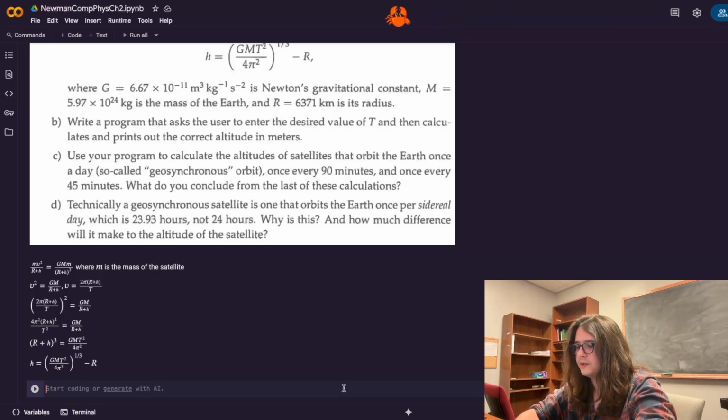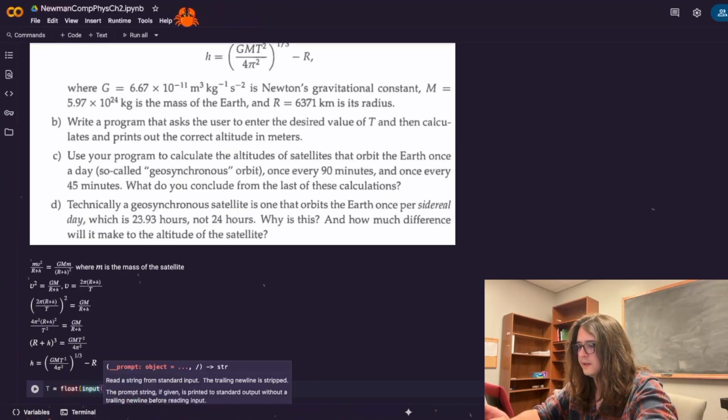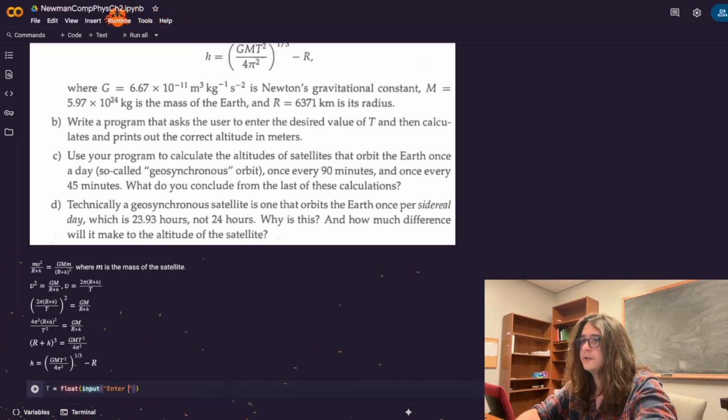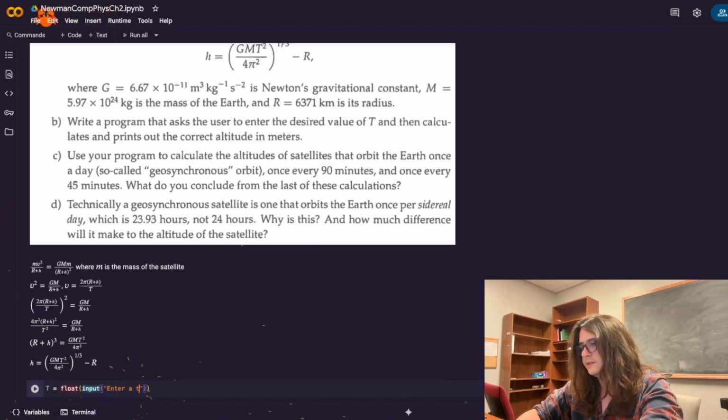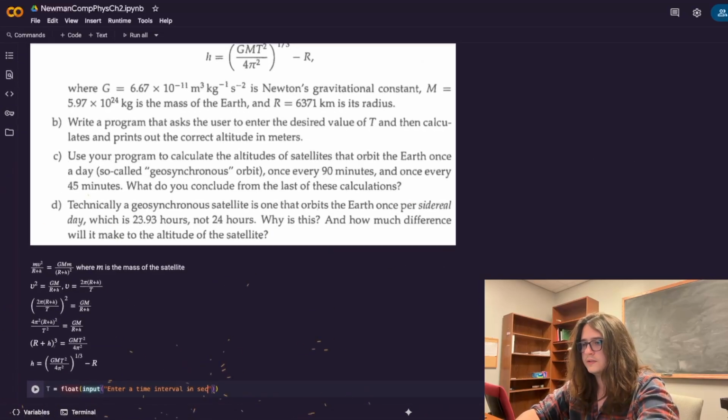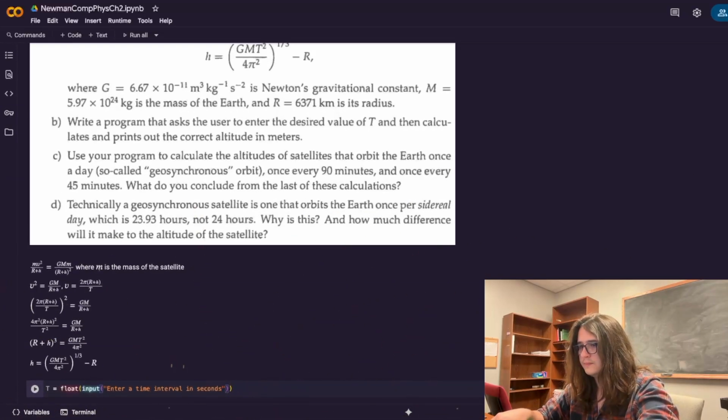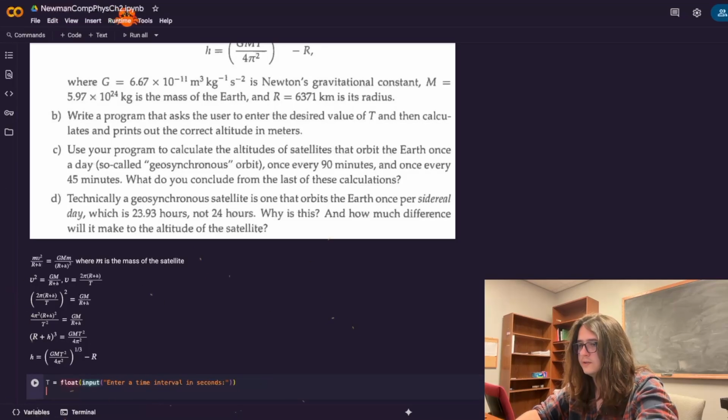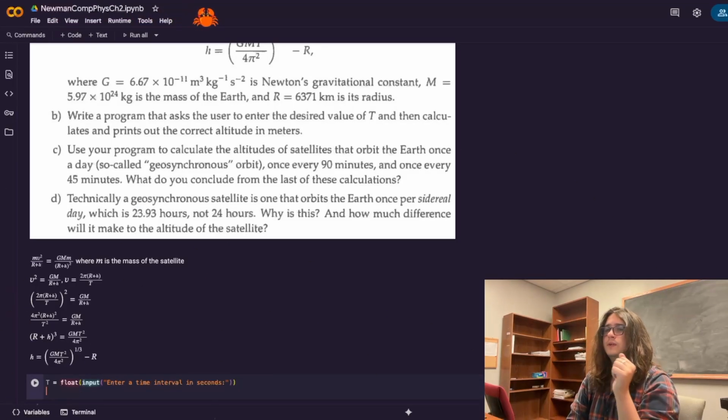We're going to have to do t equals float input, and then enter time interval in seconds. And seconds should be fine for now. That'll do.